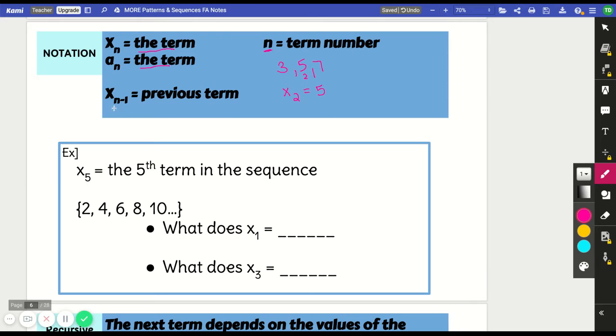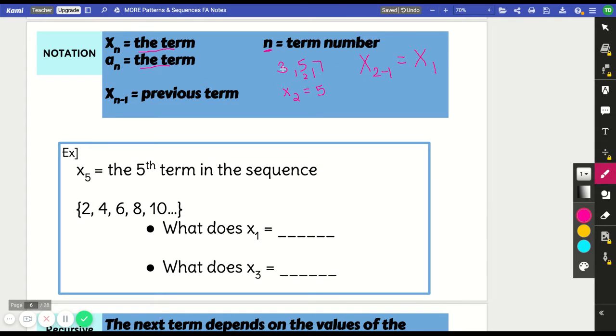Okay. And when you see a variable x sub n minus 1, that means we're looking at the previous term. So if I were to say, what is the previous term of, over here we have x of the second term, x sub 2 minus 1, that would give us x sub 1.